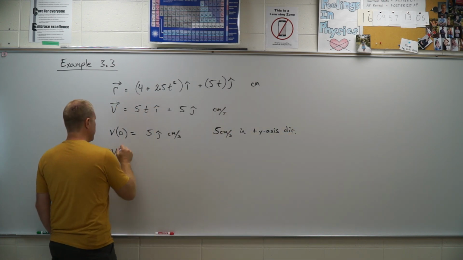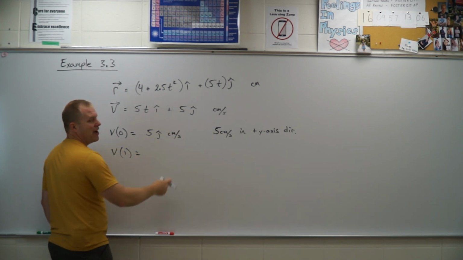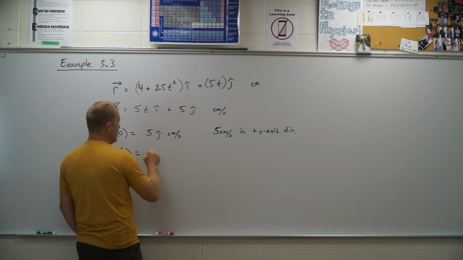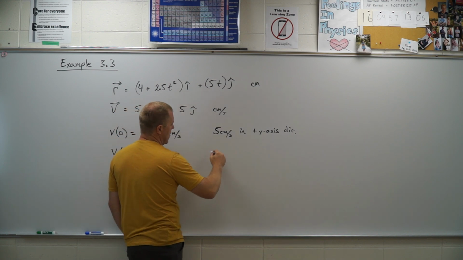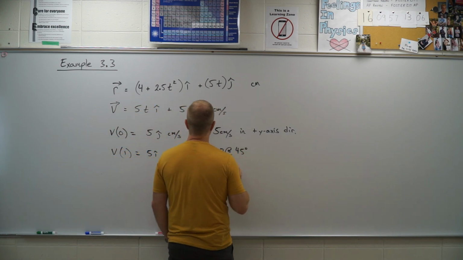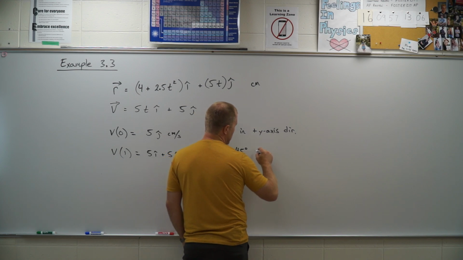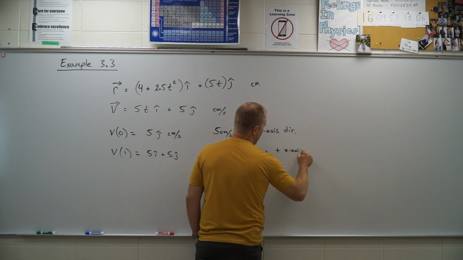All right, so then the velocity at 1 second looks like it's, hey, 5 and 5. We know that one already. So it's 5 i hat plus 5 j hat. We can put that all together. We get that 7.07 at 45 degrees. They're both positive, so that is going to be counterclockwise of the positive x-axis.